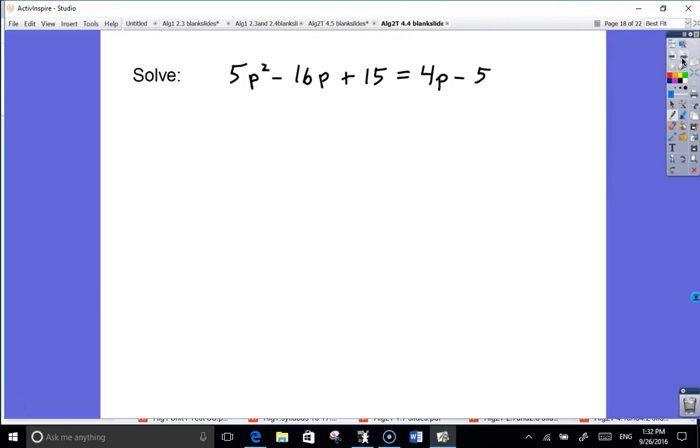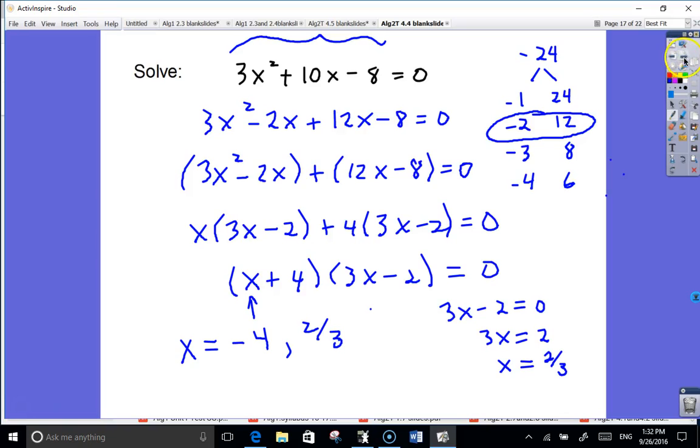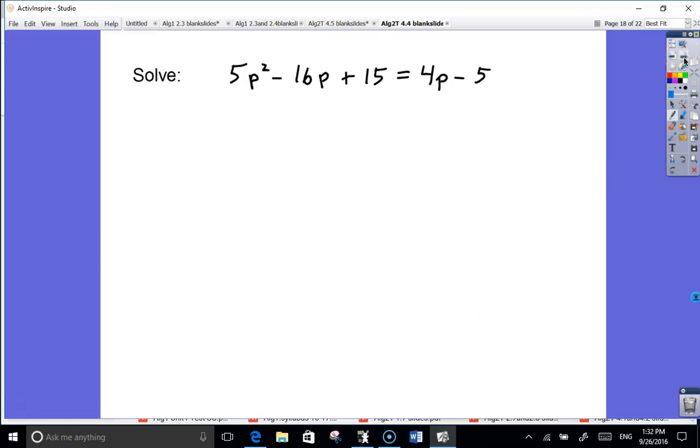Okay. This is probably... Did I miss one? No. Okay, what if we had to solve this one? What's different about this one? It's not equal to 0, so how do I make it equal to 0? Well, I would have to subtract 4p and add 5 to both sides, assuming we're going to make the 0 on the right here.